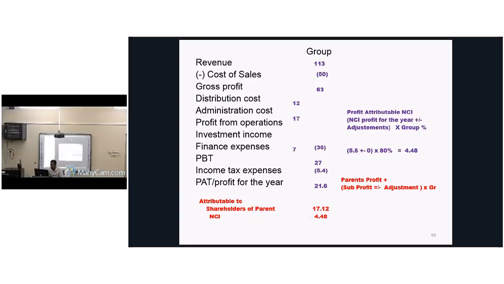Here I should take only the NCI percentage. It's a big mistake. Not 80%, just see, only 20%. Here we have to take the group percentage.